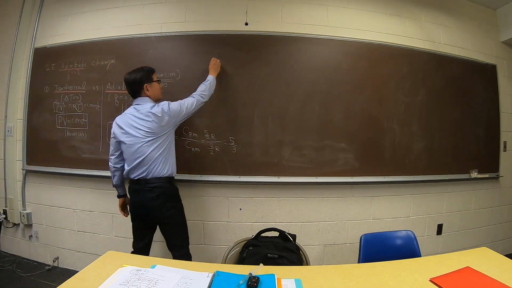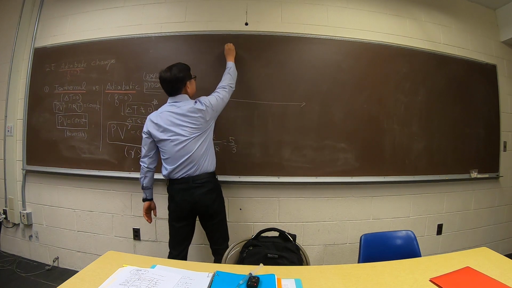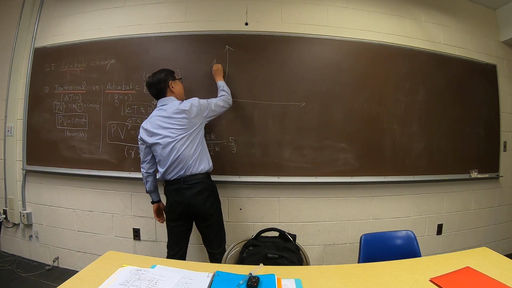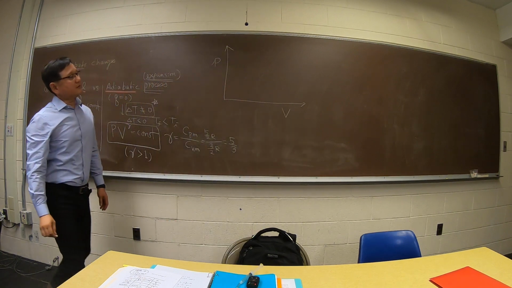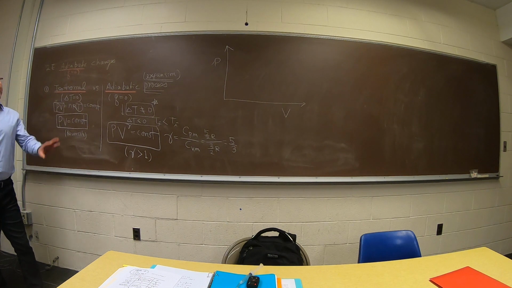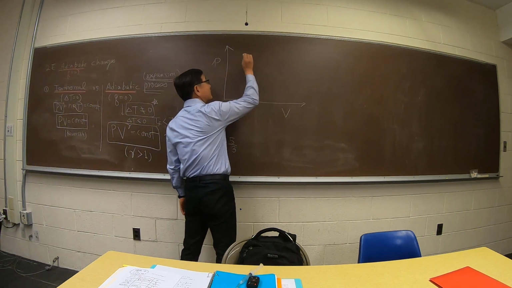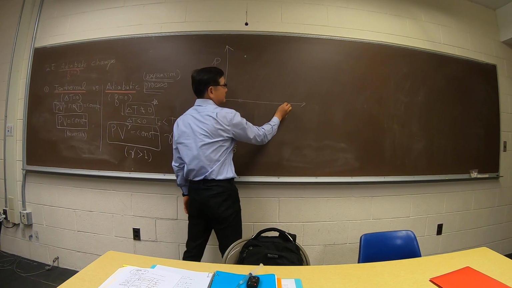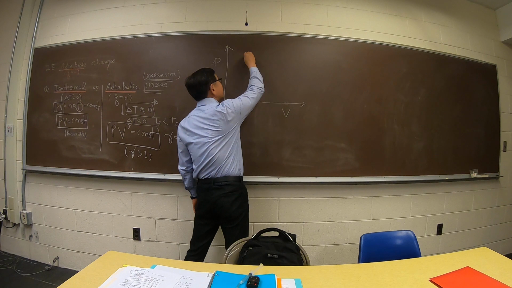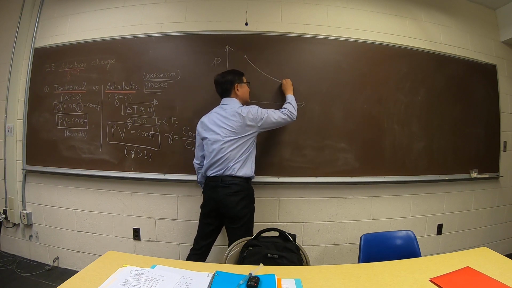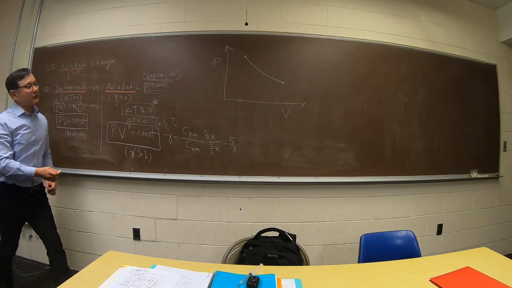What I can draw now is, my choice for the y-axis is the pressure and the x-axis is the volume. I'm going to draw the graph. Your initial volume is small. This is your initial volume. You are going to expand it to the final volume, and your pressure should come down. That is what we call expansion.